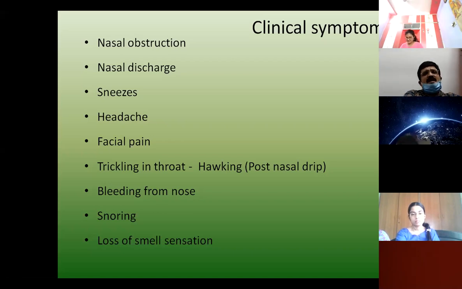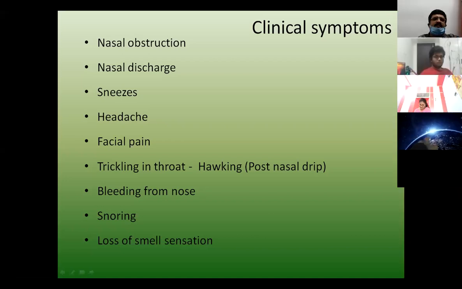So what is nasal obstruction? Nasal obstruction is a block in the nasal cavity. Coming to the anatomy of the nasal cavity proper, this is your columella of the nose.